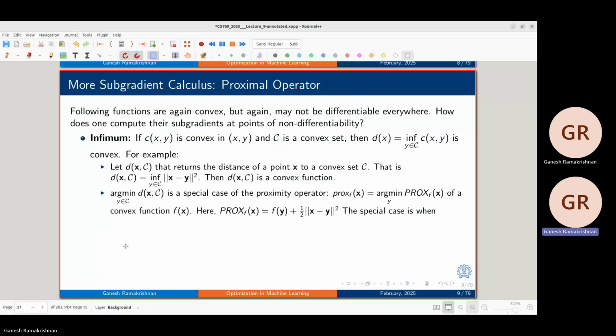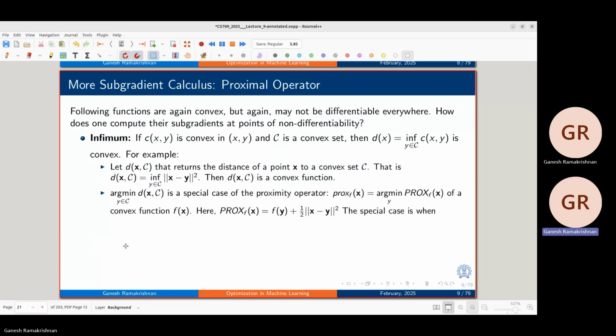Okay. So from this you get the proximal operator. What is the proximal operator? Let's say a convex function f(x) exists, then the proximal of f at point x is f(y) plus 1/2 norm of x minus y squared. I'll give you a motivation here.